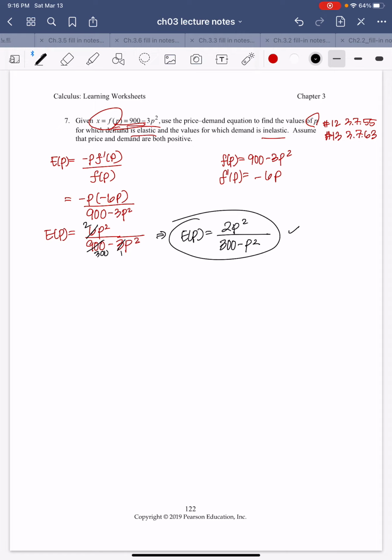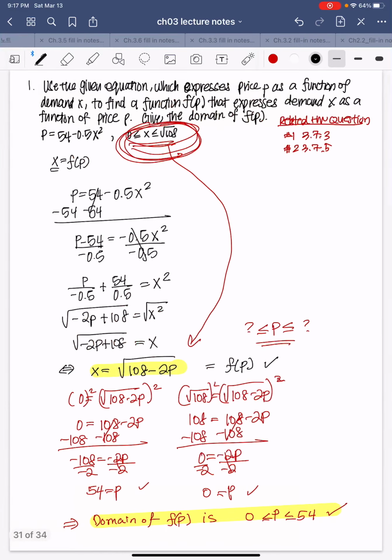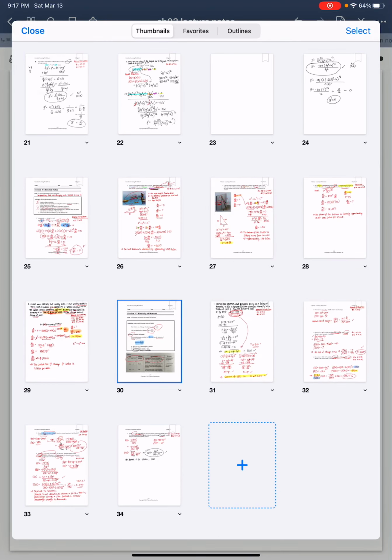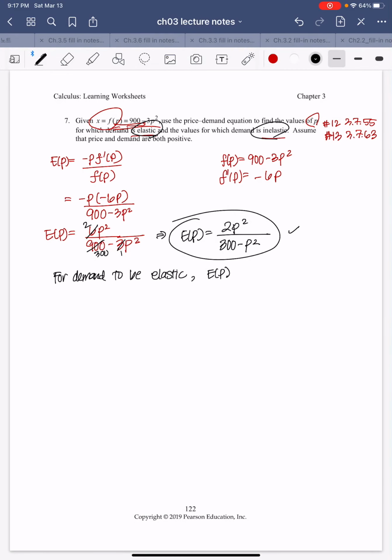Let's begin with elastic. So for demand to be elastic, that means E sub p has to be greater than 1.